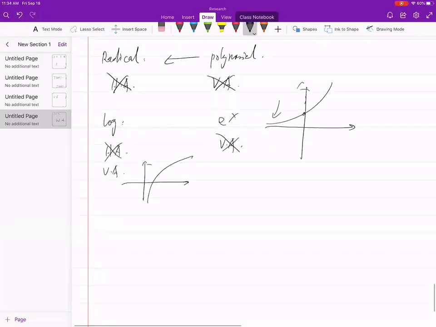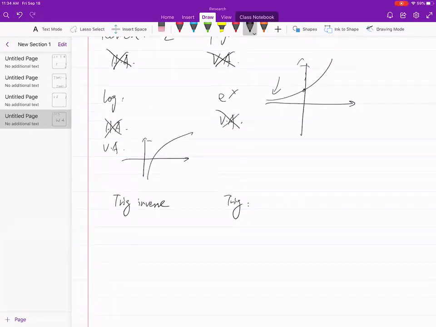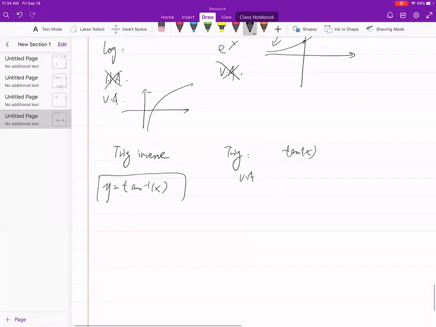Okay. Finally, trig inverse. You need to go to trig and ask, do you have any vertical asymptote here? Again, we know tangent has one. Therefore, y equals tangent inverse x does have a horizontal asymptote.